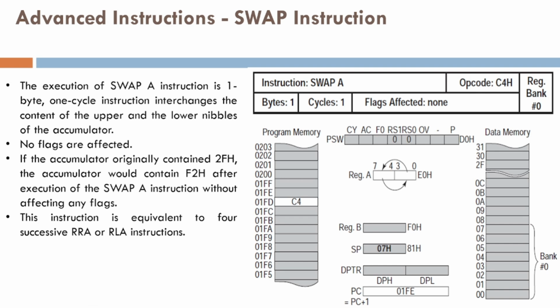This instruction can be compared to the instructions RRA or RLA. Both are possible. Using RRA or RLA, you can do exactly the same thing. You can just use four successive RRA or four successive RLA, that is rotate right accumulator or rotate left accumulator.